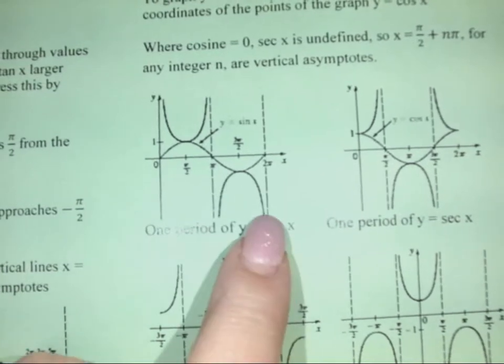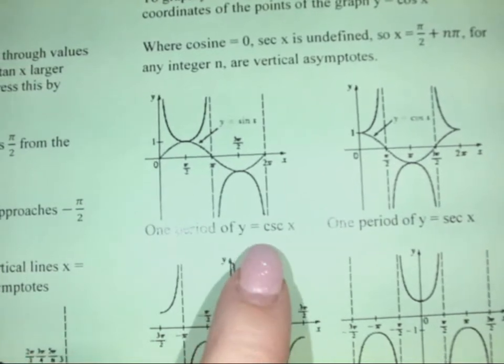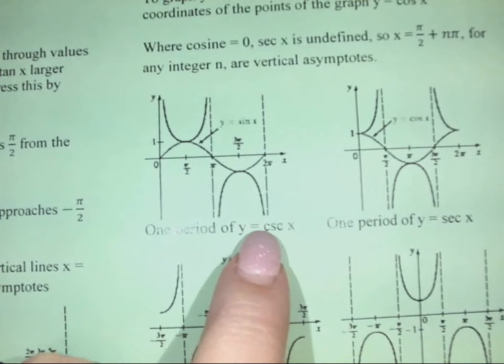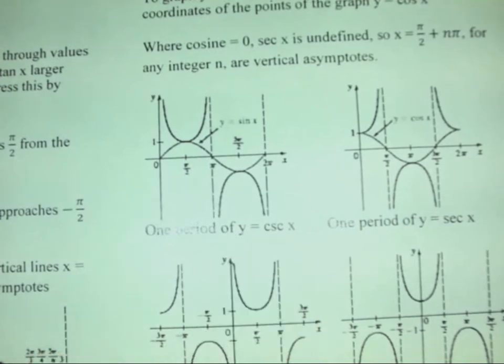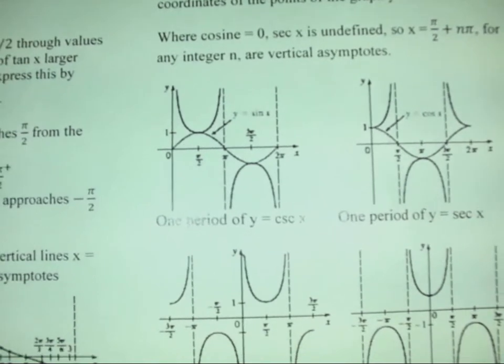So here is cosecant. Remember, cosecant is the reciprocal function of our sine graph.